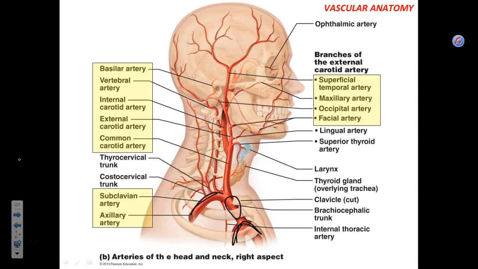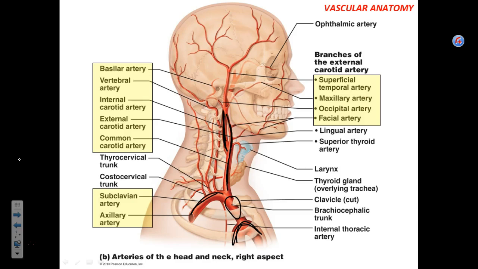Here it branches into the subclavian, which almost immediately turns axillary, and that's your common carotid. So it branches into the external, sorry, internal. Internal is bigger, and external. Internal, you see, goes deeper. It goes closer to the midline.